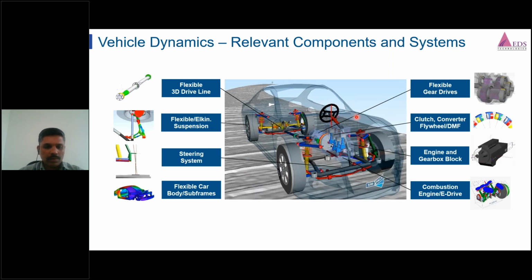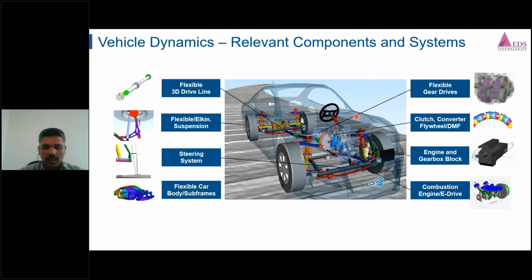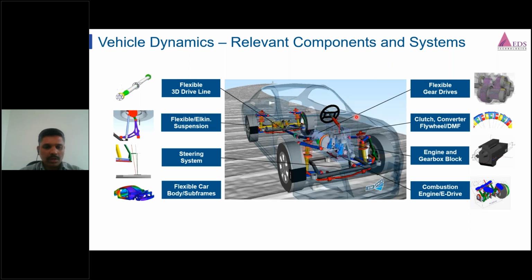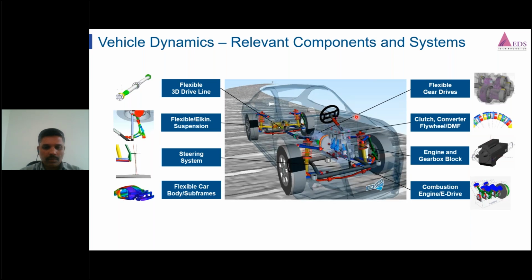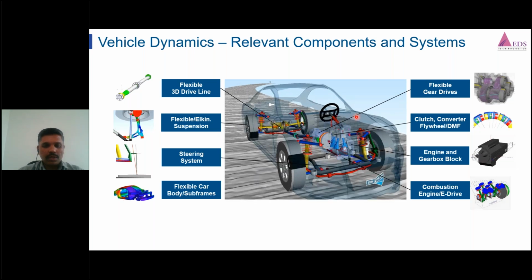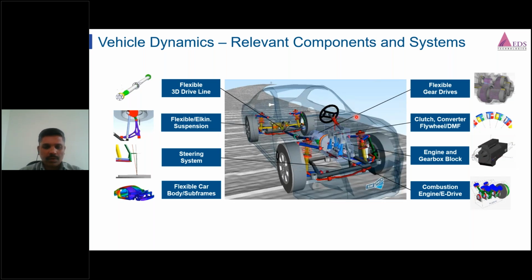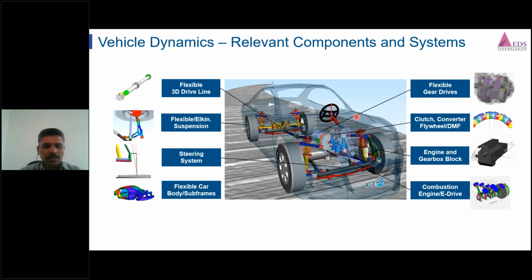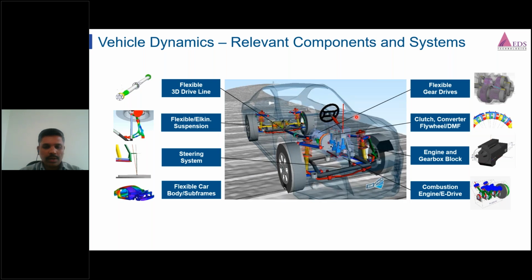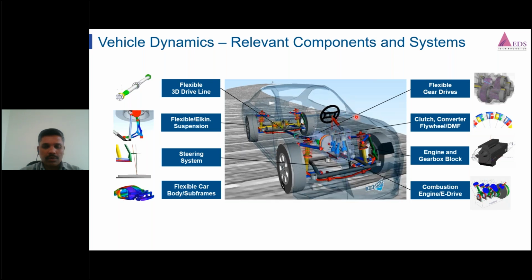Within vehicle dynamics, there are many relevant components and systems to be considered. This starts, for instance, with the combustion engine or electric drive systems, and goes through the engine and gearbox block unit, that includes the clutch and flywheel converter component.